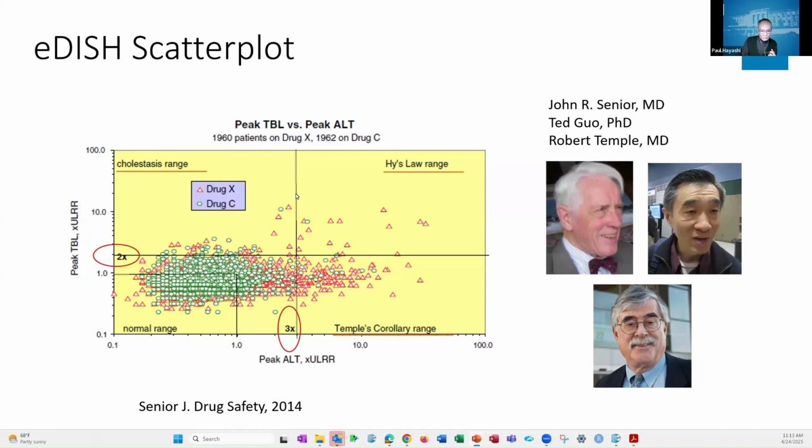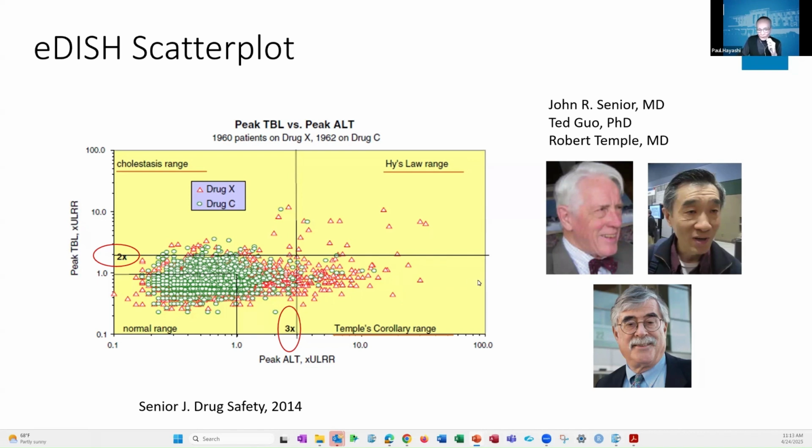And then they set the vertical line at the ALT level of 3 times. This is the lower limit of ALT in Hy's Law textbook on hepatotoxicity. He said 3 times to 50 times. So putting these 4 familiar quadrants together, this becomes the familiar potential Hy's Law quadrant. Anybody up here draws our attention to potentially meeting Hy's Law.